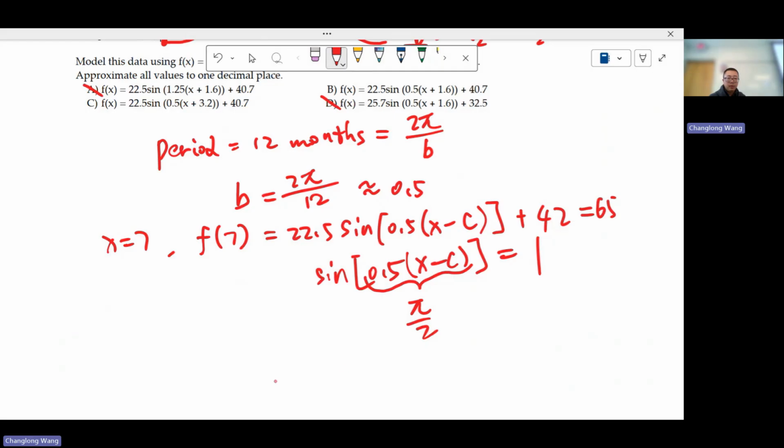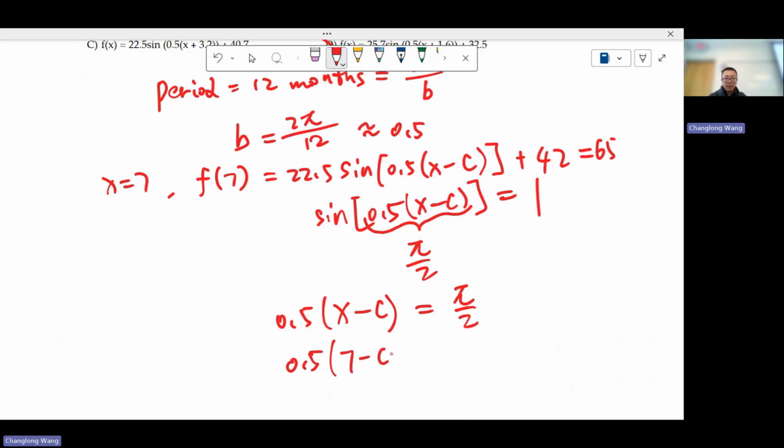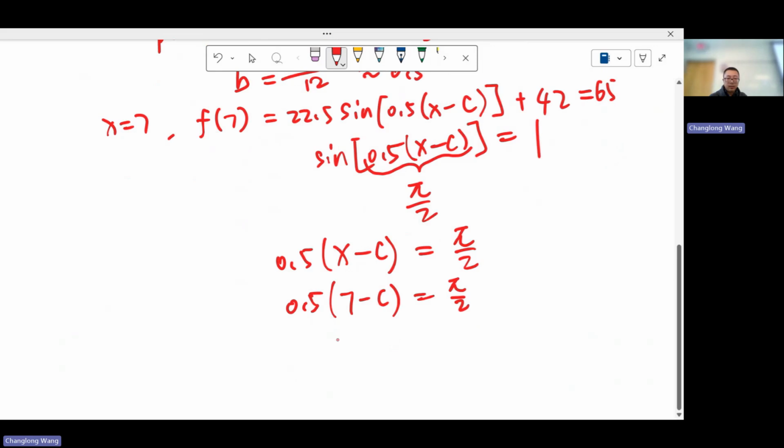Therefore, you have 0.5 x minus c equals pi over 2. Remember that you're going to feed the 7 to the x, so it will be 0.5 times 7 minus c equals pi over 2, and you're going to work out what the c is.